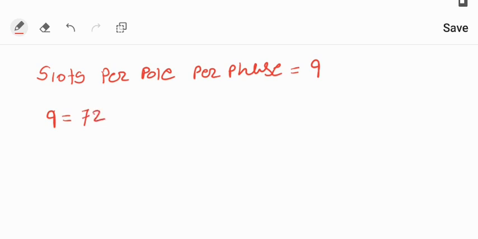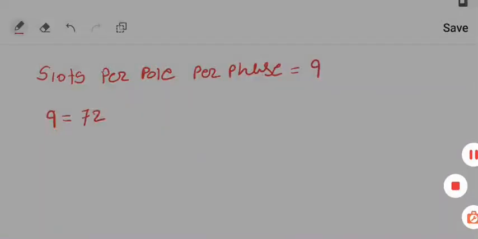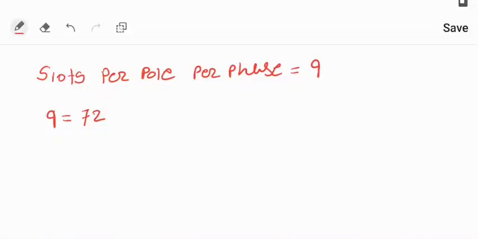When you look at the example data we collected, 72 slots are given, the poles are 6, and it is a 3 phase motor. When you calculate it, you will find the answer 4. So we get Q equal to 4. The slots per pole per phase is equal to Q, and Q is equal to 4.